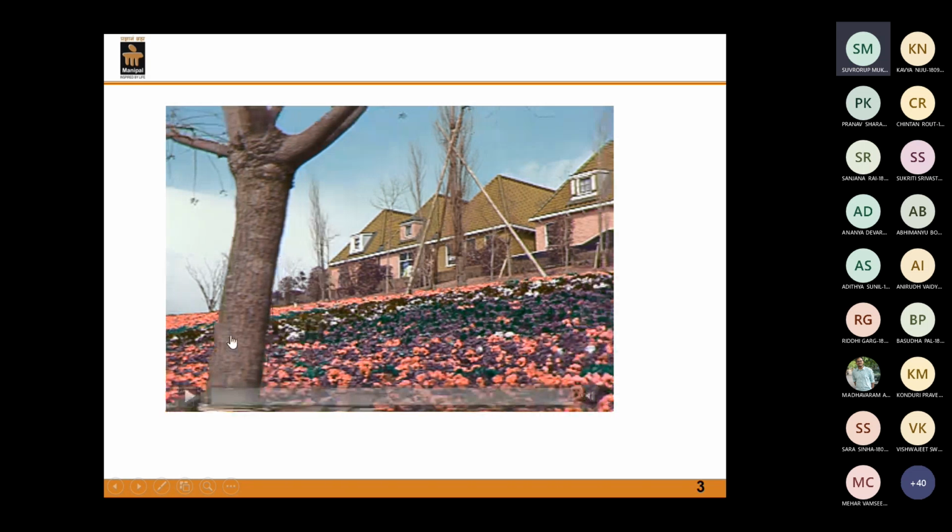Or maybe there are some buildings over there. So when you're trying to calculate the optical flow, you'll see that between consecutive frames, the tree actually keeps moving to the left side, or the pixels have moved to the left side. So accordingly, the optical flow method gives that information of the pixel displacement.